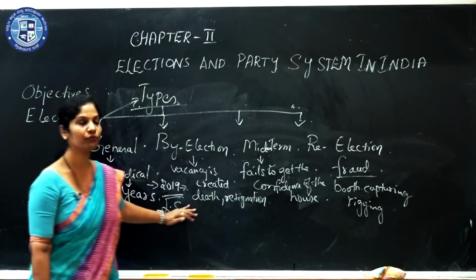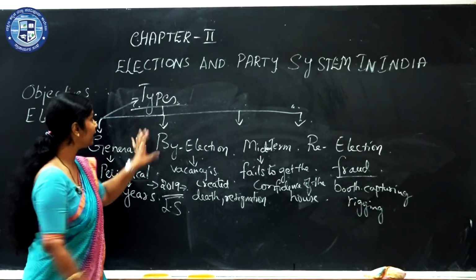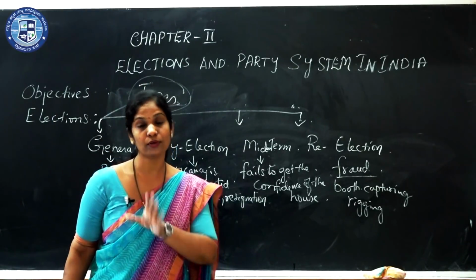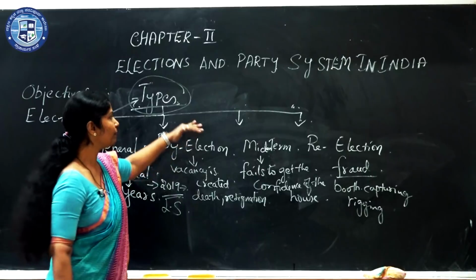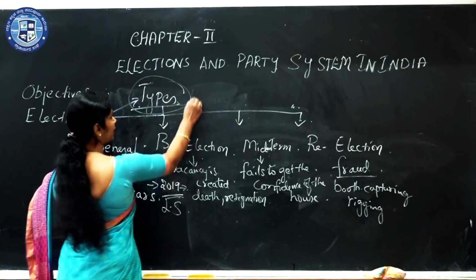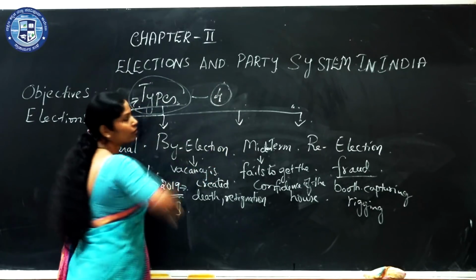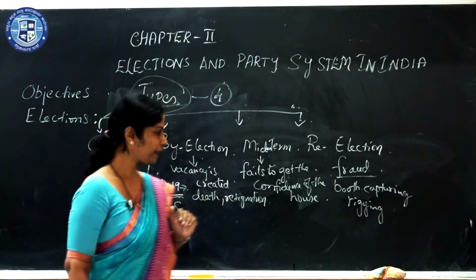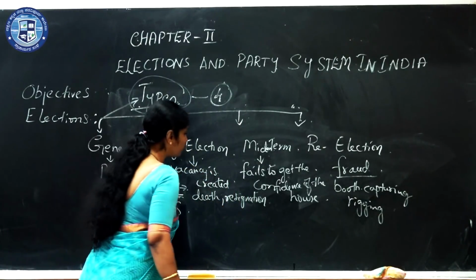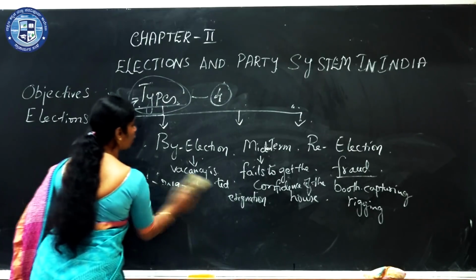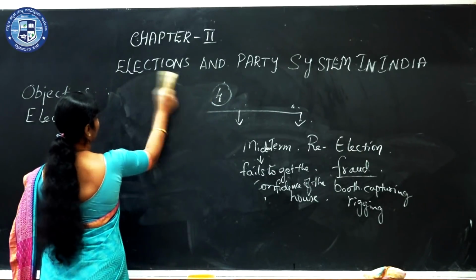I hope all of you understood them, because you also have to study the methods of elections. Please do remember these are the types of elections, and we have four types in the Indian democratic system. Now let us move on to the next concept, that is the importance of the elections.